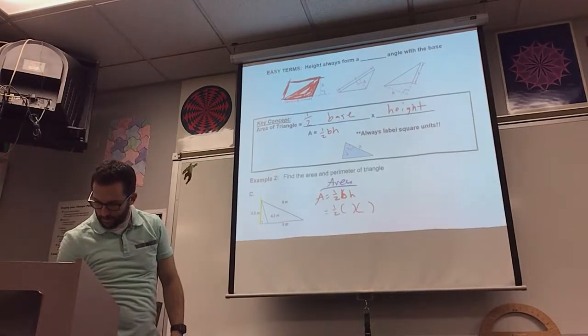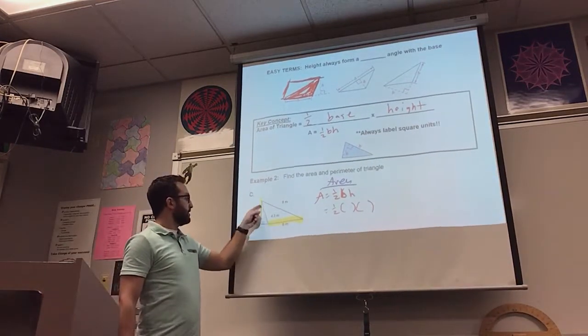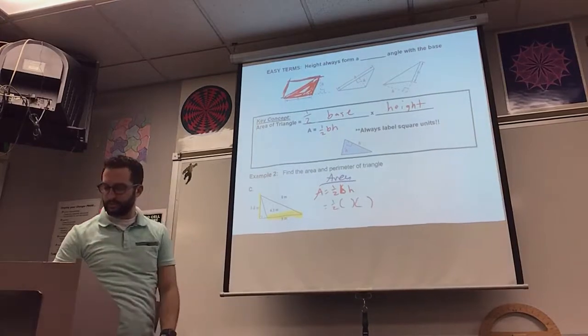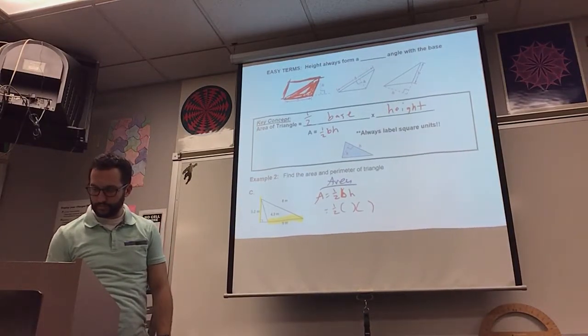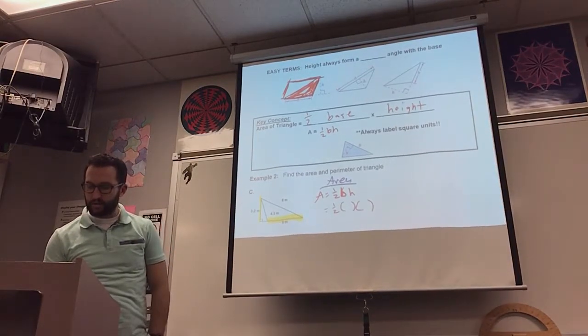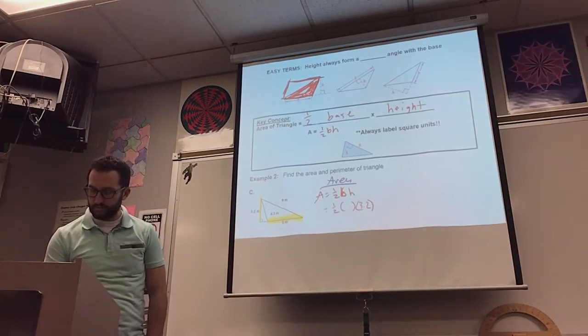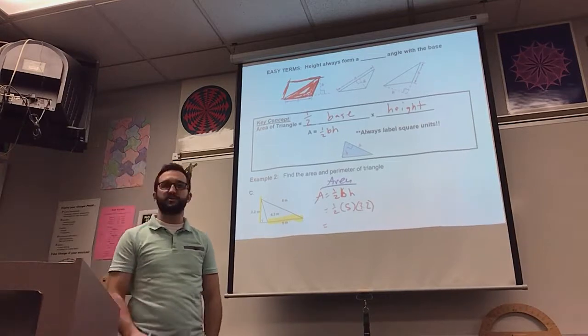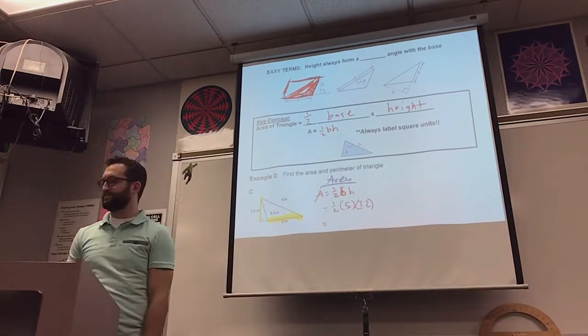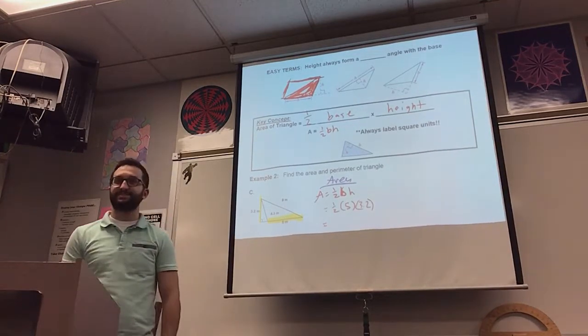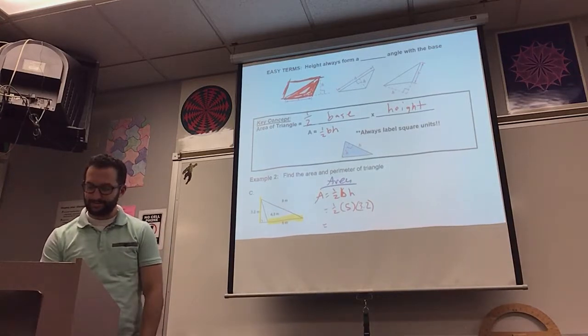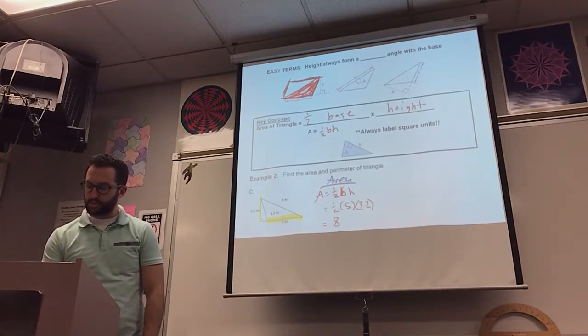That one and that one. Height, base. So our height is going to be 3.2 and our base is going to be 5. And then we just use our calculator to solve this. Calculate. It's not 16. 8. 8 meters squared. Good. 8 meters squared.